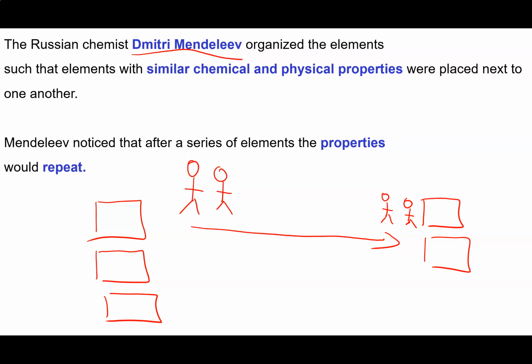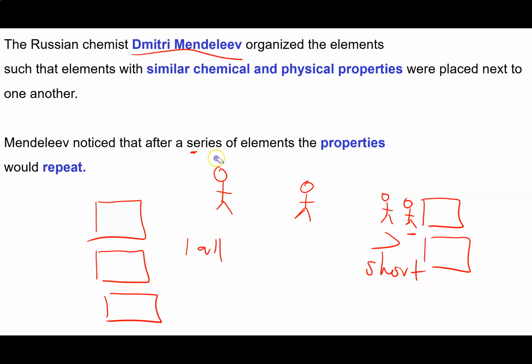When you organize people tallest to shortest, you know that if you go to the far left, you're going to find tall people, and if you go to the far right, you're going to find short people, and if you go in the middle, you're going to find somebody of intermediate height. So you can see the advantage of organizing a collection of things so that the objects are placed nearest to those they are the most similar to, because now you generally know the location. Here's tall, here is short.